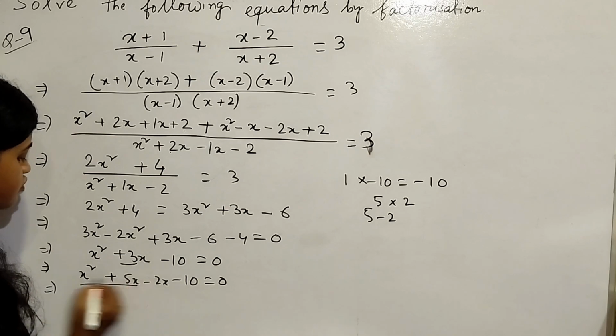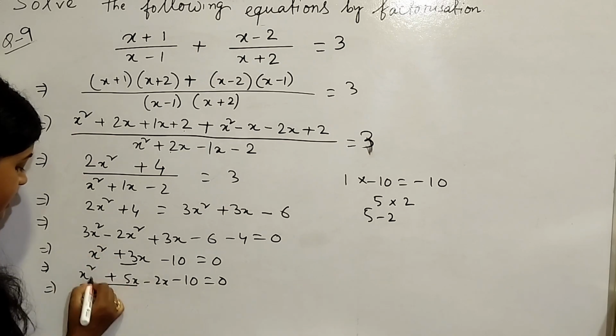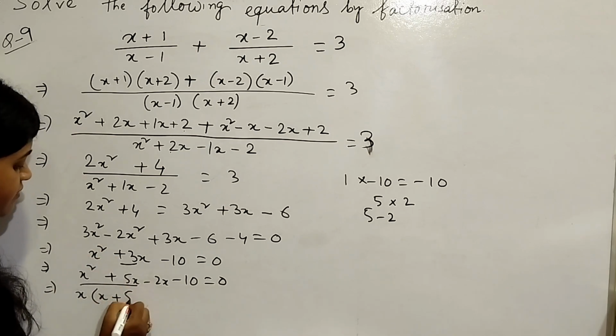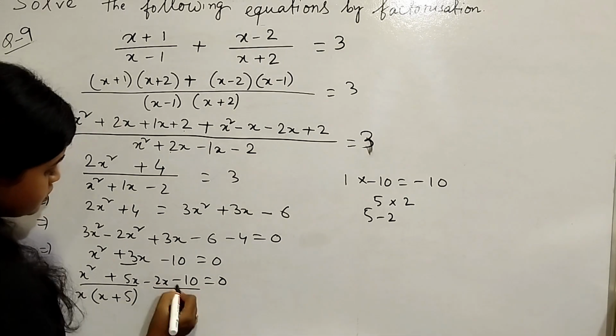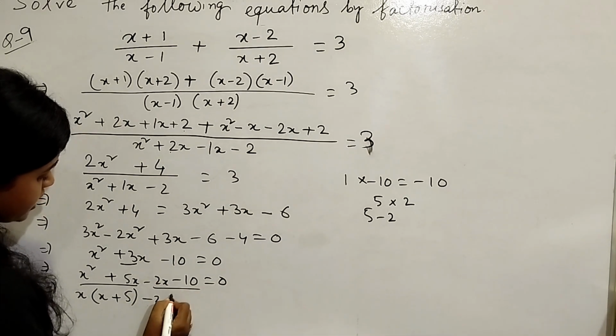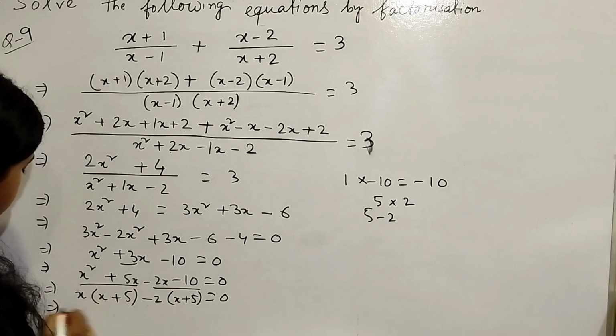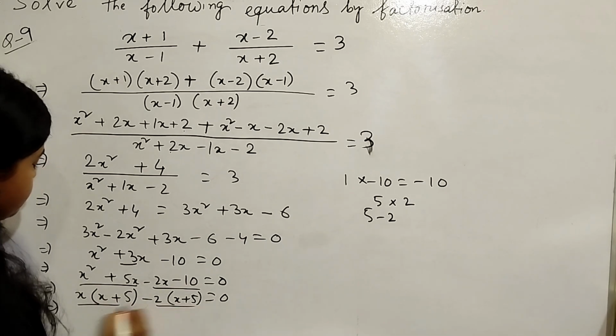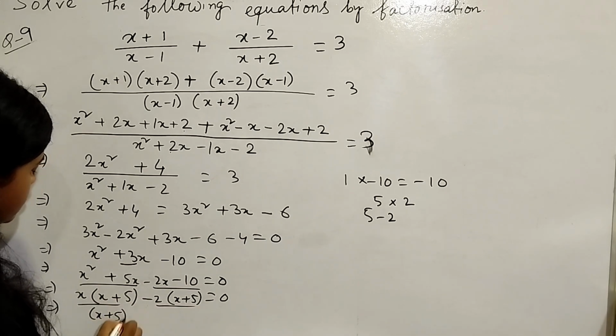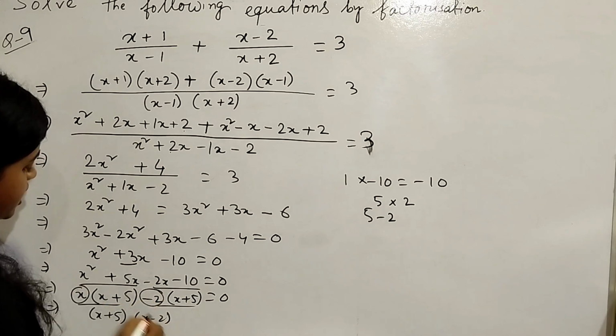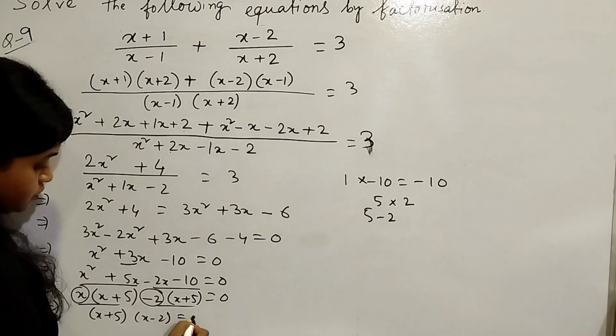So if I take common from these two terms we get x, and here x is remaining and 5 is remaining, and from these two terms we get minus 2, x plus 5 equal to 0. So from these two terms x plus 5 is common, and x minus 2 is remaining, that's why I write minus 2, equal to 0.